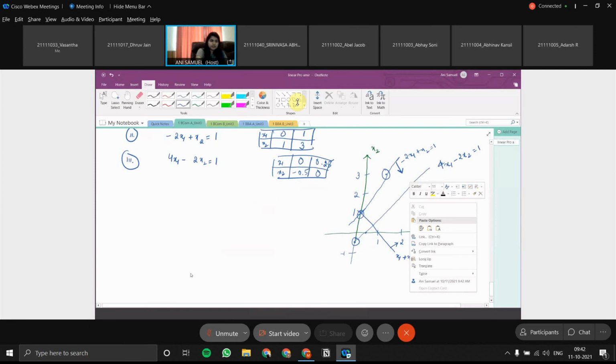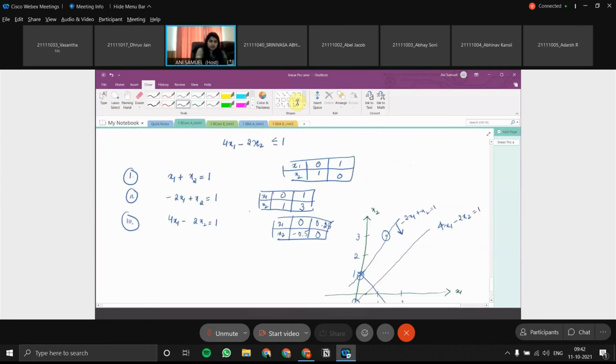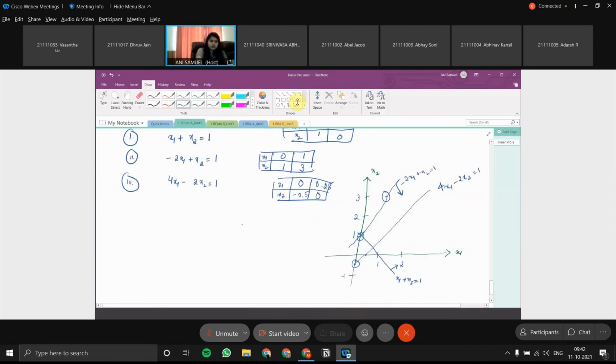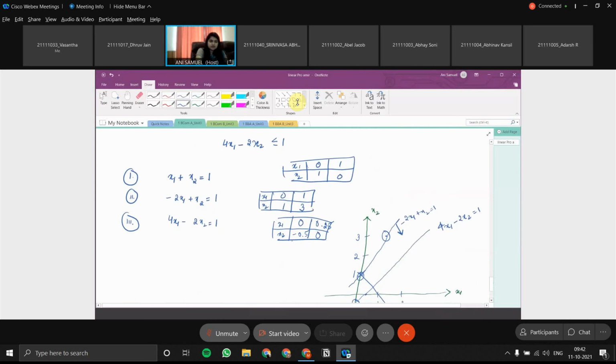So take a point and check. 0 is here, no? 0 is above, right? This is my point, 0, 0 is less than or equal to 1, it is satisfying, no?